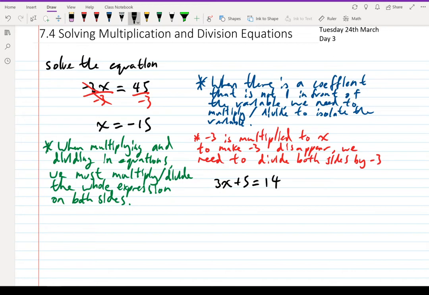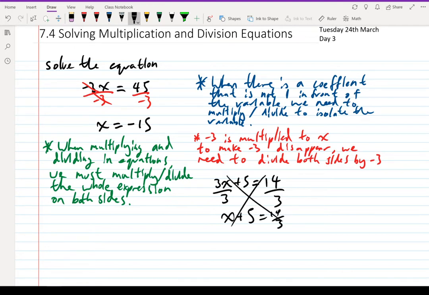You are supposed to take away 5 first. But what some people accidentally do is they see there's a 3 in front of the variable, so they divide by 3, and then they write x plus 5 is equal to 14 over 3. And this is completely wrong.